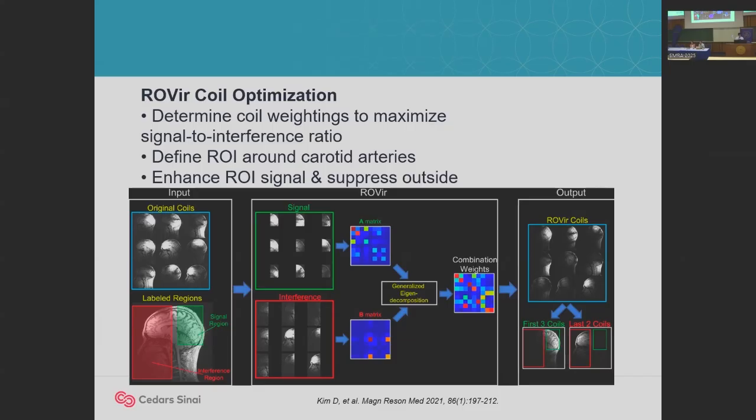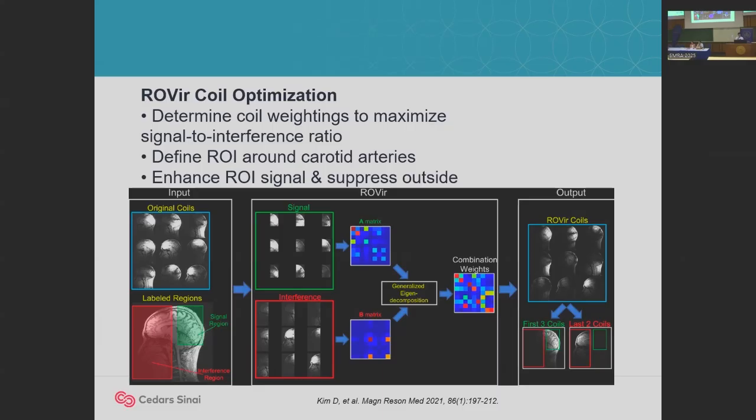This approach calculates the optimal weights based on your selected region of interest, the signal region, and the interference region, where you can perform generalized eigen decomposition to determine the optimal coil weights in order to recombine them and maximize the signal-to-interference ratio.